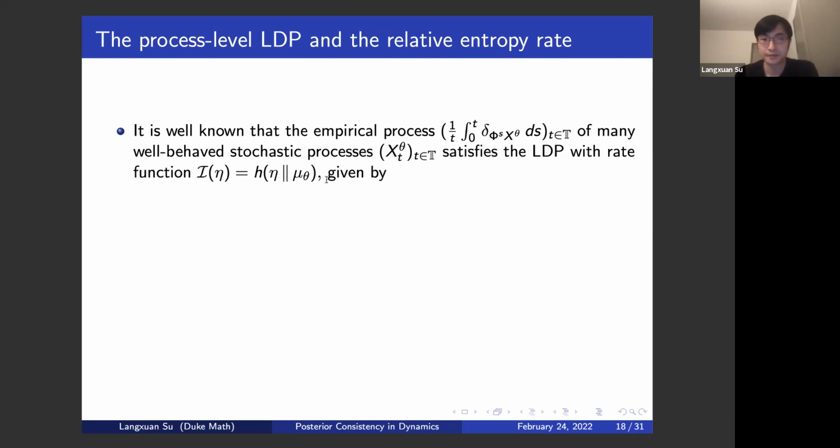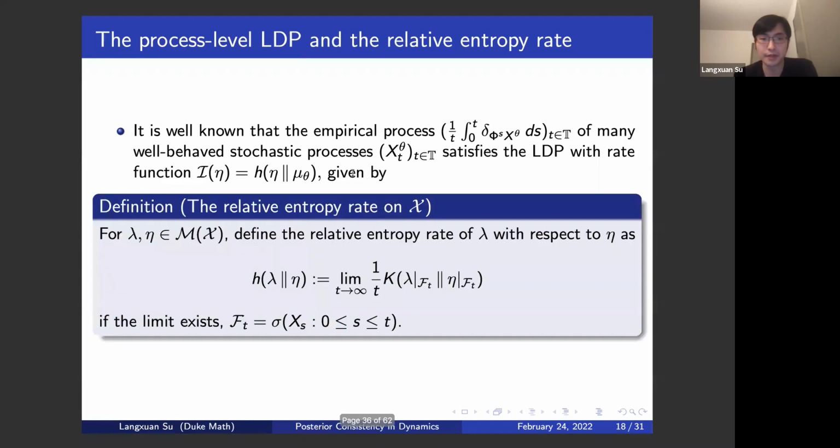If we only consider X here, the model process, and assume it is very well behaved, like IID or some Markov chains, then it is well known in large deviation theory that the empirical process satisfies the large deviation principle with rate function given by this divergence term. Mathematically, this divergence term is given by the following definition, which is called the relative entropy rate.